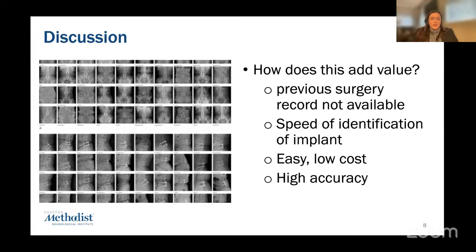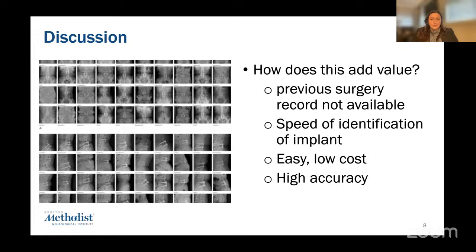So having an AI tool that was able to identify that for you, I think would be extremely helpful. And to that point, you're able to identify the implant much faster, as opposed to taking a picture of it, sending it to your rep, and they say, oh, I don't know what this is, and then they send it to somebody else, and you're spending a lot of your valuable time trying to identify how to prepare for that kind of case.